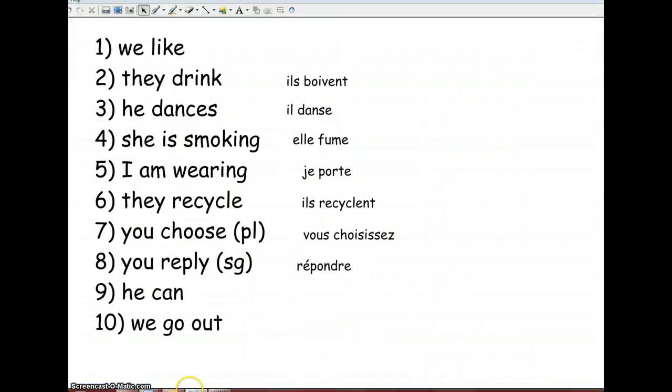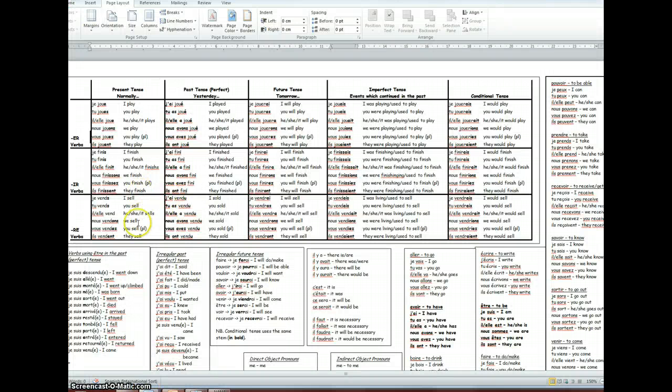However, répondre is an RE verb, so this time on the learning mat we're looking at this bottom box, still under present tense, but this time it's an RE verb. And you reply is tu réponds with an S on the end, okay? And you can see that ending is different for the tu form of the verb.